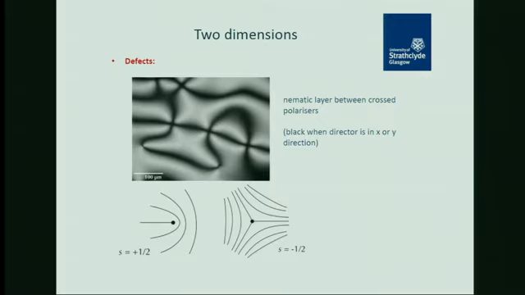So this is a half defect, whether it's a plus or a minus half, it's hard to tell, but it's one of these at least. And so here we have a director structure in 2D where I have a singularity effectively in the director. It doesn't have to be a singularity in the Q-tensor, but if I'm using a director model, then it will be a singularity.